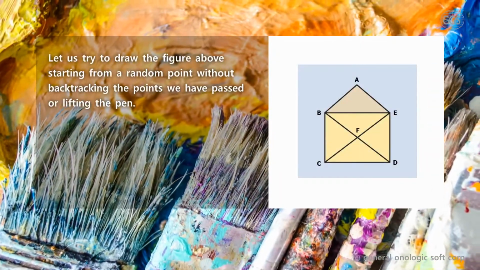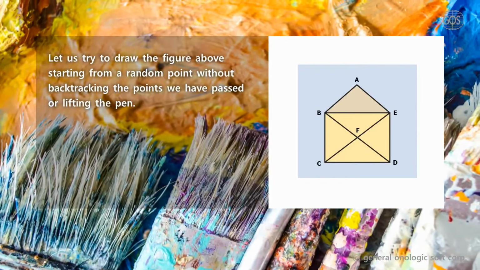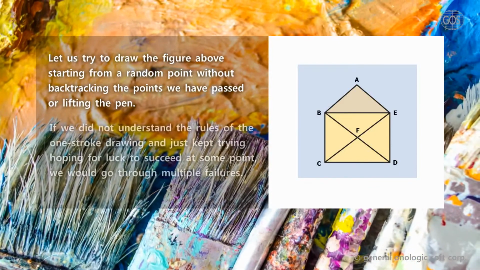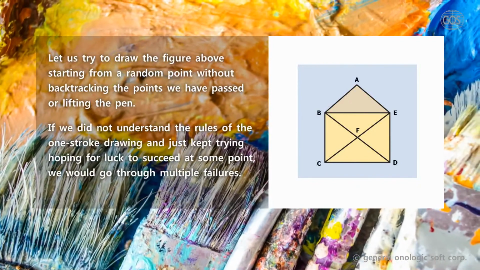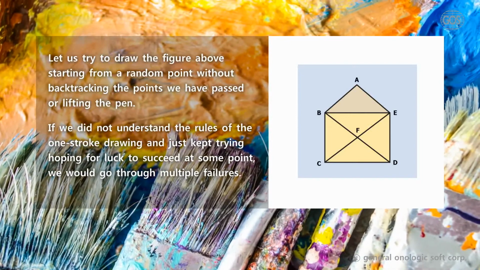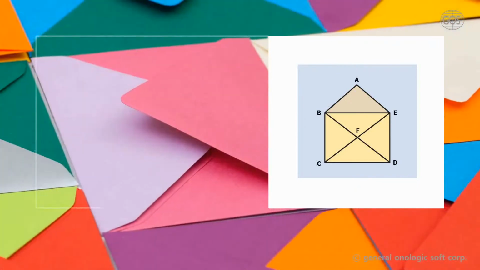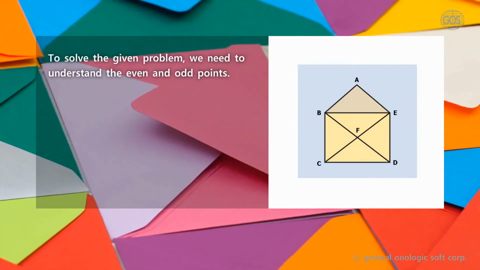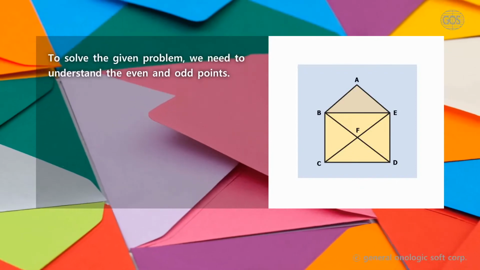Let us try to draw the figure above starting from a random point without backtracking the points we have passed or lifting the pen. If we did not understand the rules of the one-stroke drawing and just kept trying hoping for luck to succeed at some point, we would go through multiple failures. To solve the given problem, we need to understand the even and odd points.